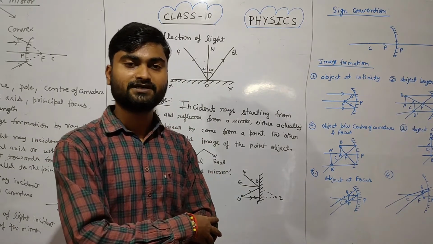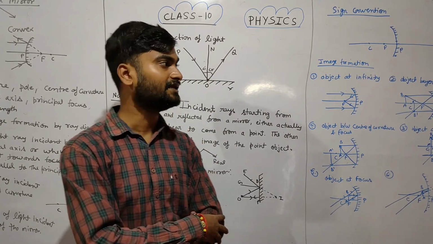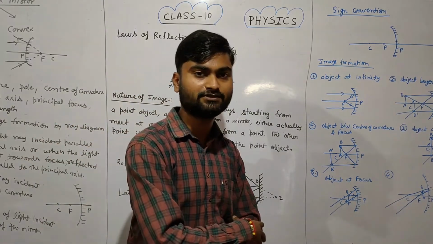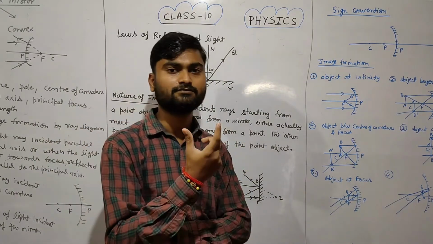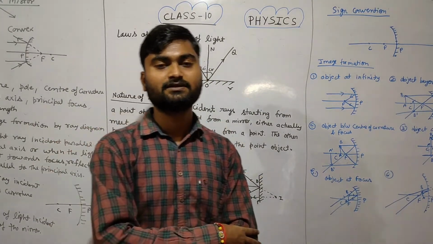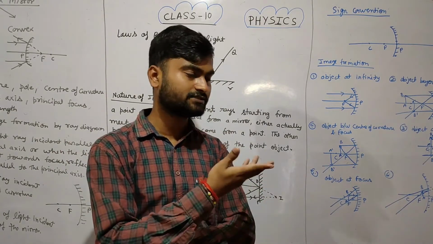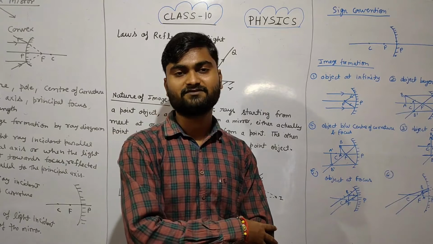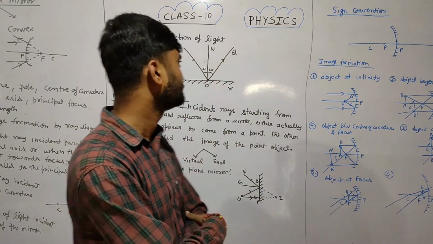This phenomenon of returning of the ray of light is known as reflection of light. In one sentence, you can say the returning back of light when it strikes an opaque polished surface is known as reflection of light.